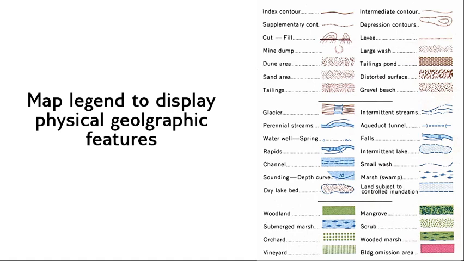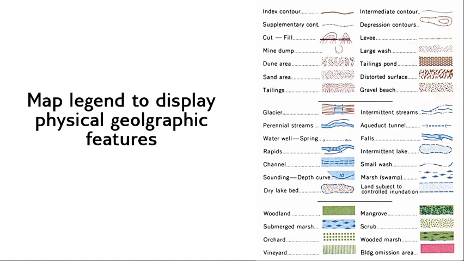There are zones of cut and fill, so land alteration, mine dumps, dunes, sands, glaciers, streams, woodlands, scrublands, aqueducts. There's all sorts of information. One important thing is the depression contours in the upper right. If you see those hatch lines going in, it means that those contours are actually pointing into an internally drained low area.